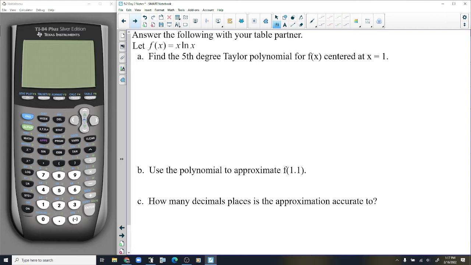There's a little hint. x times 1 over x is 1. Do A, B, and C, by the way. Do it all. So you need to calculate.